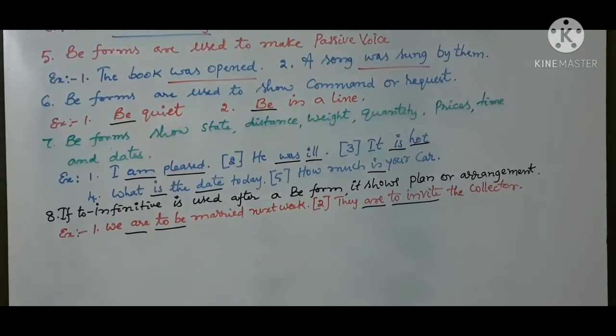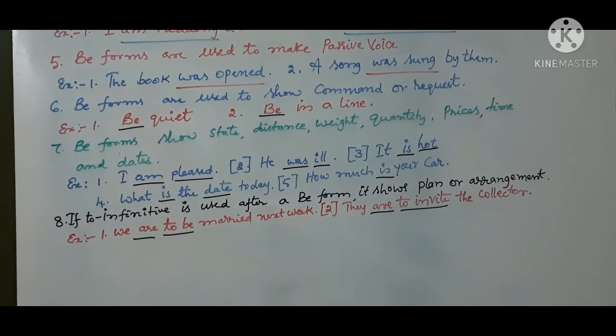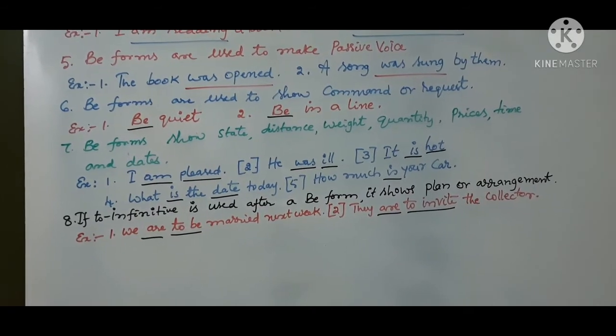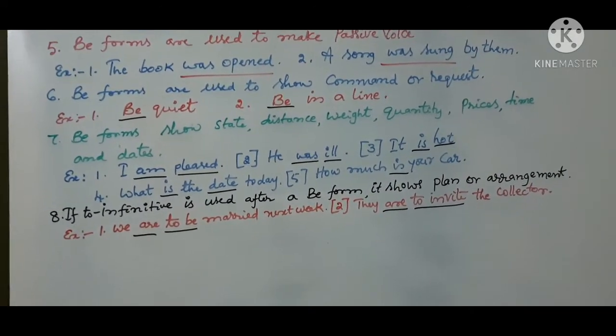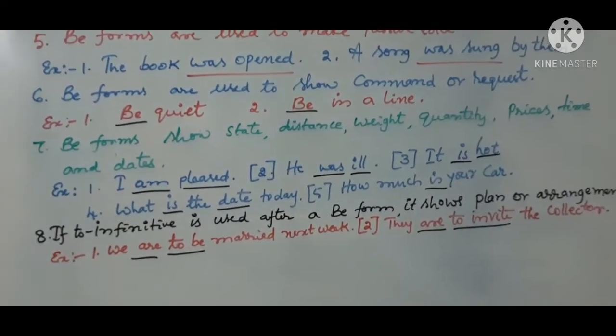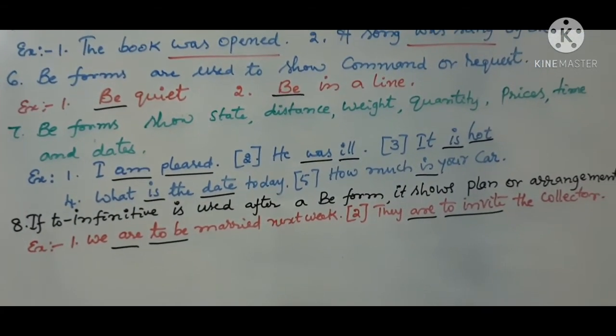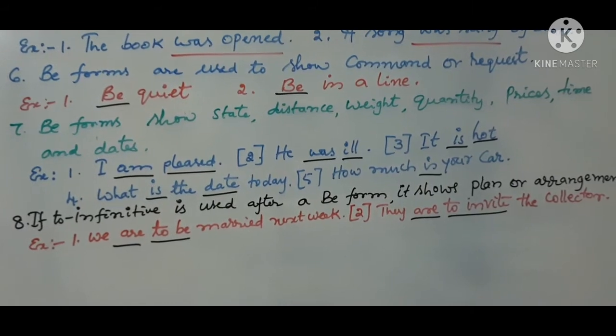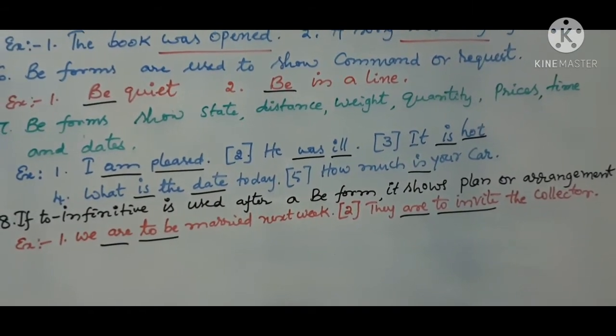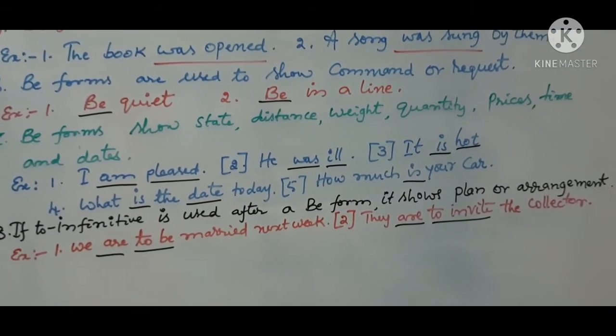Examples: I am pleased, he was ill, it is hot, what is the date today, how much is your car. These tell us about state, distance, quality, price, day and dates.